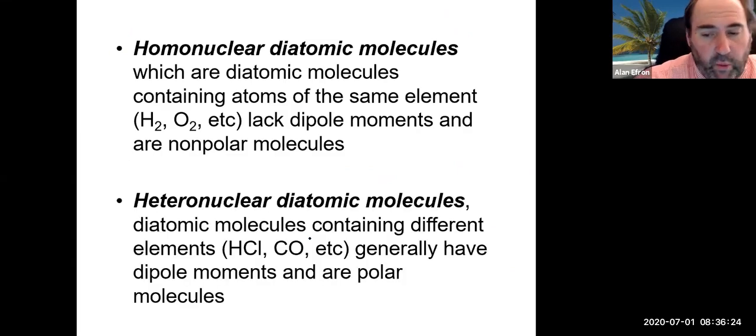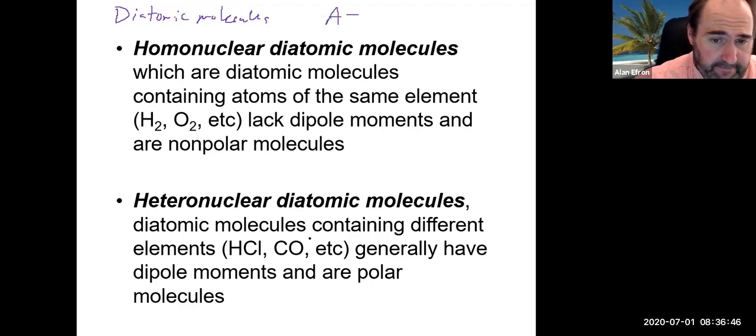So let's talk about probably the easiest ones to determine whether something is polar or nonpolar in terms of molecular polarity, and those are our diatomic molecules. Diatomic molecules, as you may know, are basically molecules that contain two atoms only.